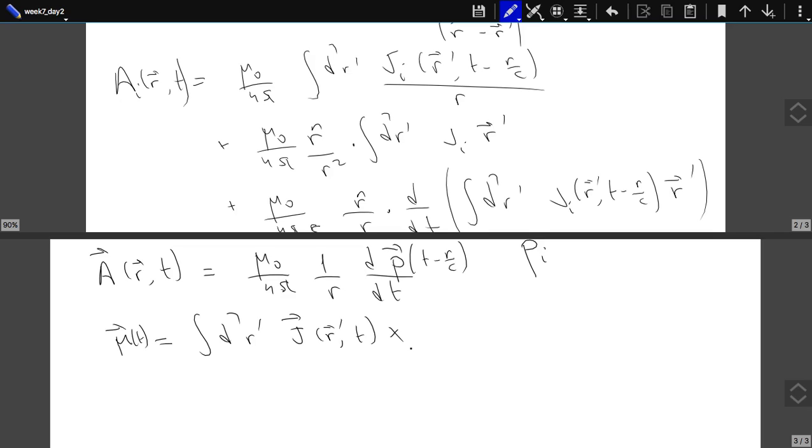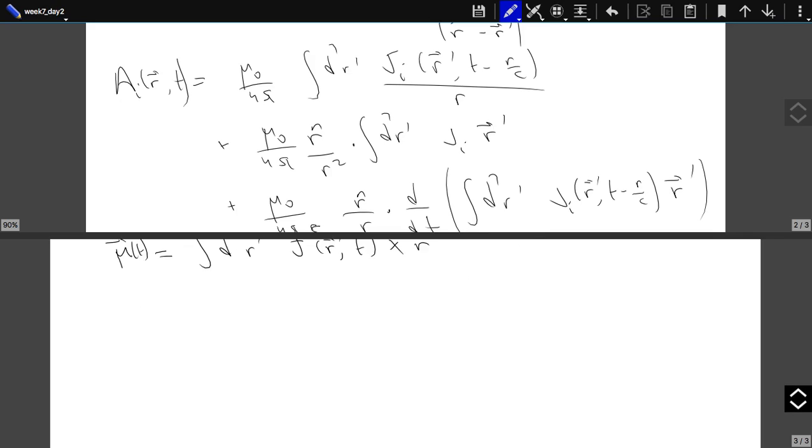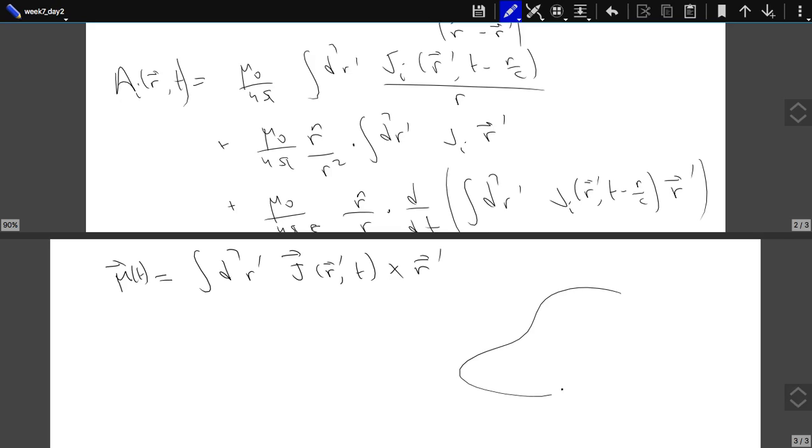Well, I don't have a wire. I have an arbitrary current running. Let's look at the example that is more familiar to you.